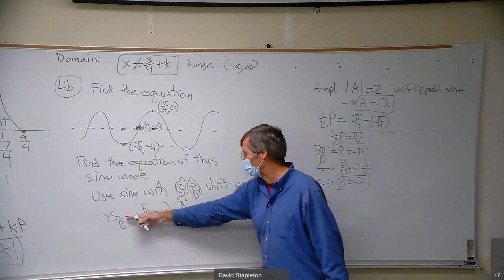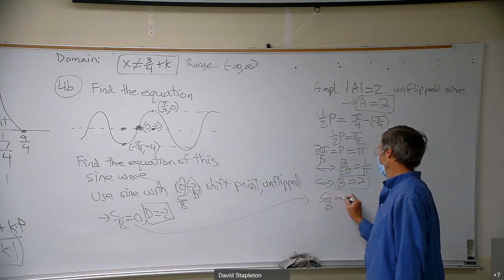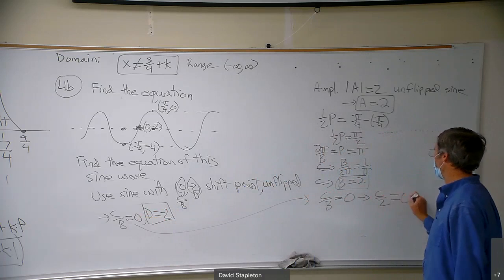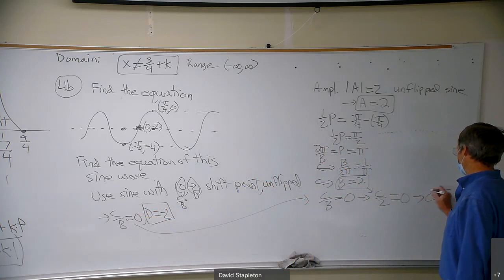Well, c over b is 0 from the phase shift, and b is 2, so c over 2 equals 0. Evidently c equals 0. So now I've got it.